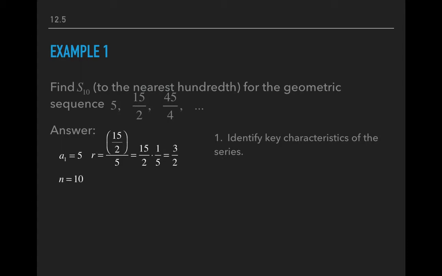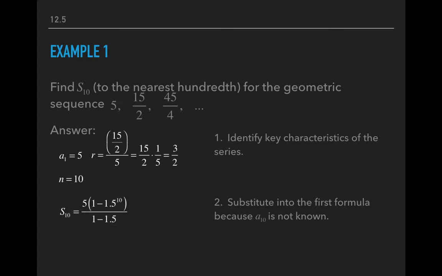Also, we know we're going to the nth position, which is 10. Now that we know these, we can substitute them into the formula. We'll want to use the first formula because our last term's value is not known.